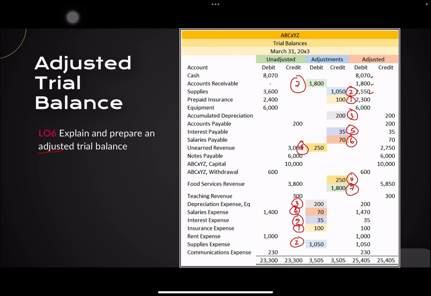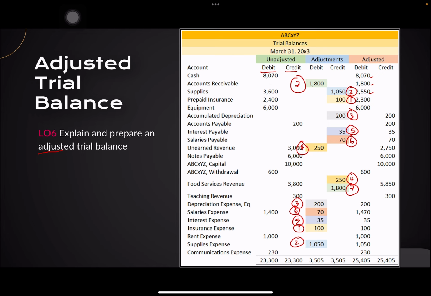So do the same, just add everything in your unadjusted and adjustments columns to arrive at your adjusted trial balance. Again, we call this trial balance because we are trying to verify that the total of your debits and your credits matches.